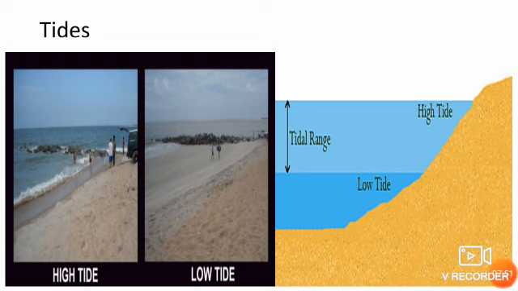Now, tides. Tides are the rhythmic rise and fall in the level of the water in the oceans every day. All places on the coast experience some hours of low tides and some hours of high tides. Tides do not rise to the same height every day.